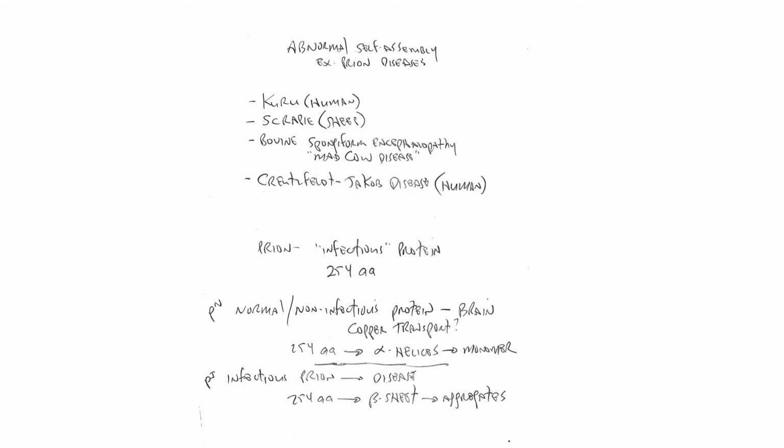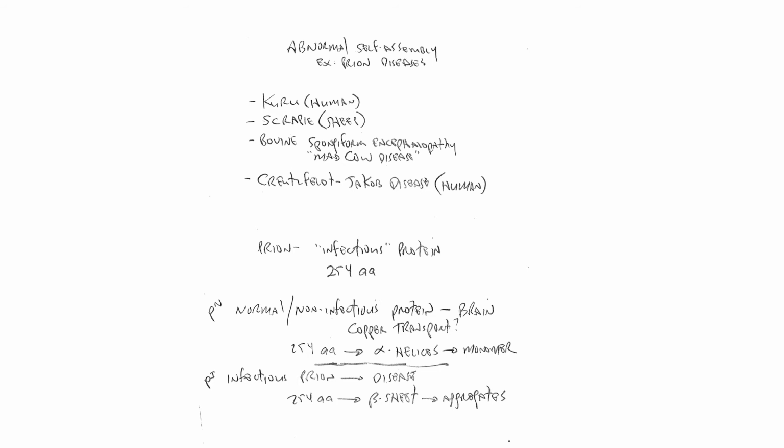So there's 254 amino acids, and as it turns out, our brains and the brains of sheep and other mammals have a protein which is a prion protein, but which is normal. It does not have this lethal kind of effect. So I have that written as PN, which means a normal prion protein. These are non-infectious. They occur in the brain, and they're thought to be involved in copper transport.